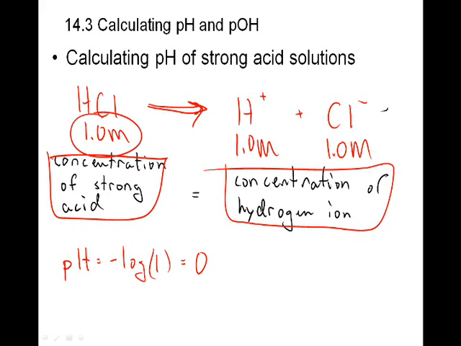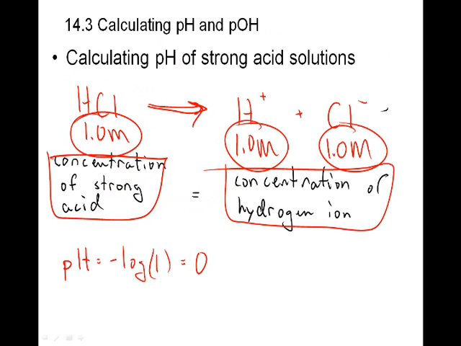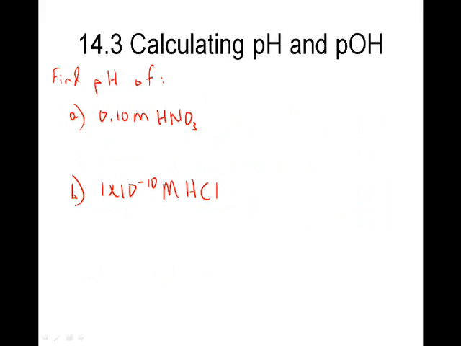So if you have a 1 molar HCl, you'll have 1 molar hydrogen ions and 1 molar chloride ions. So the pH is the negative log of 1, which in this case is 0. Well, always 0, but yeah. pH in that case was 0. Okay.